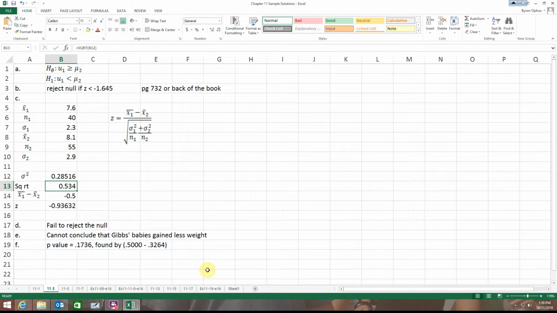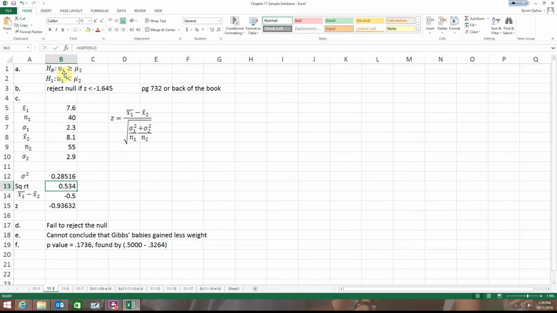On that page 354, it says A, B, C, D, E, F, where you state the null hypothesis and the alternate hypothesis. What's the decision rule? What's the value of the test statistic? What is your decision regarding the null hypothesis? What is the p-value? And interpret the result.